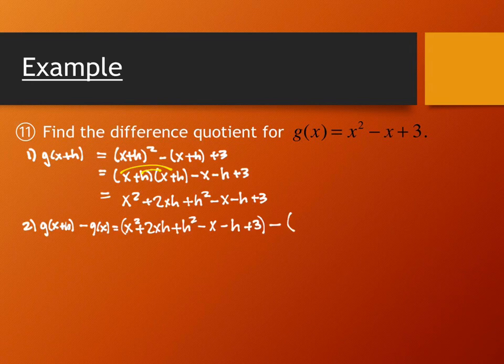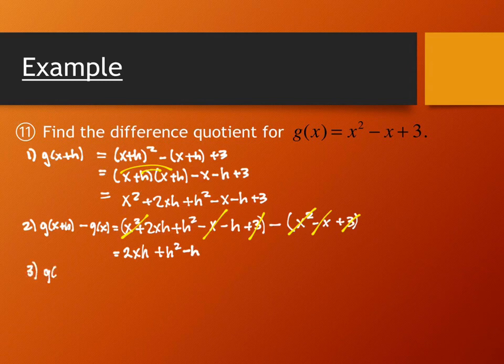And we're going to subtract the original g of x equation we were given, which is x squared minus x plus 3. Again, if you wish, you may distribute, but all those pieces are going to pair up. x squared and x squared, negative x and negative x, 3 and 3. Like magic, 3 pieces of it disappear just like that. And I'm left with 2xh plus h squared minus h.